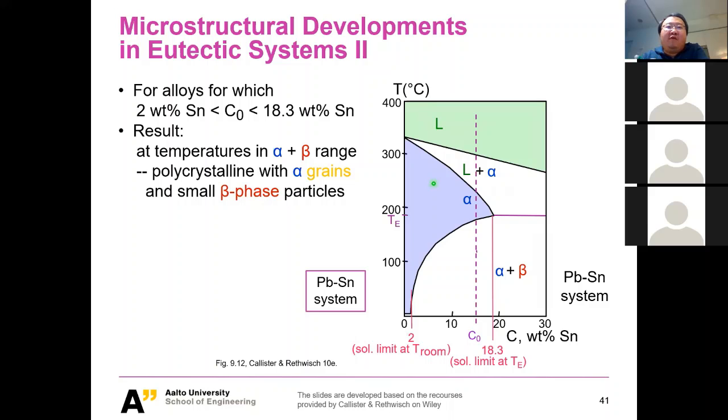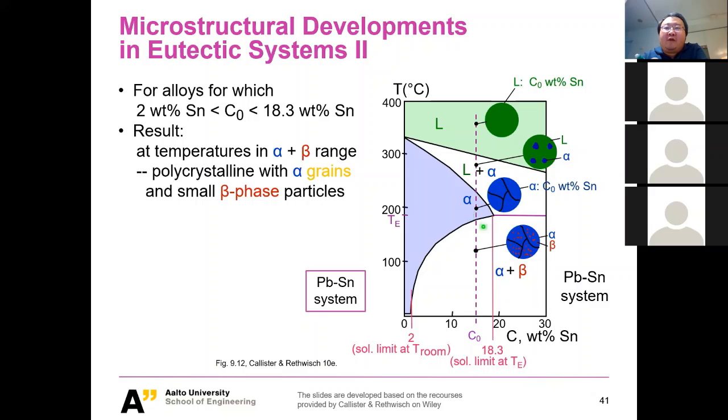If we now move to a different composition, let's say something between 2% and 18%, somewhere here, if we do the cooling down, we'll start again with the liquid phase and the nucleation of alpha, and completely alpha. But if you go further, you will start the nucleation of your beta phase.